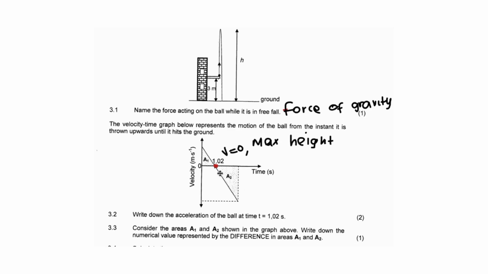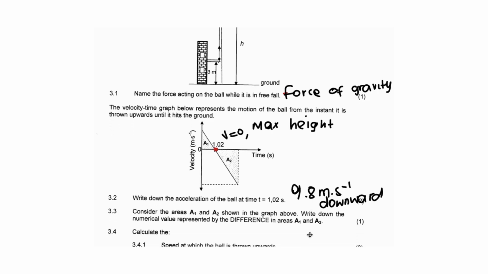At the maximum height they want acceleration, and since the ball is in free fall, acceleration is always going to be 9.8 meters per second squared downward. Don't forget direction, guys. Since it's 2 marks, if you just say 9.8 meters per second squared, you're only getting a single mark.